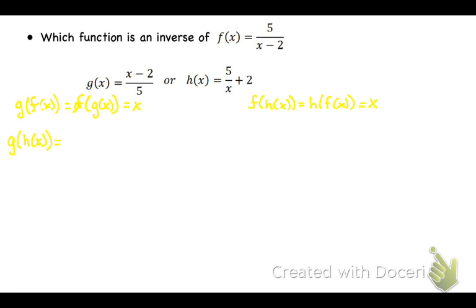It should be an f. Okay, so I'm going to put this f in for that x, correct? So that gives me 5 over x minus 2, all over 5.